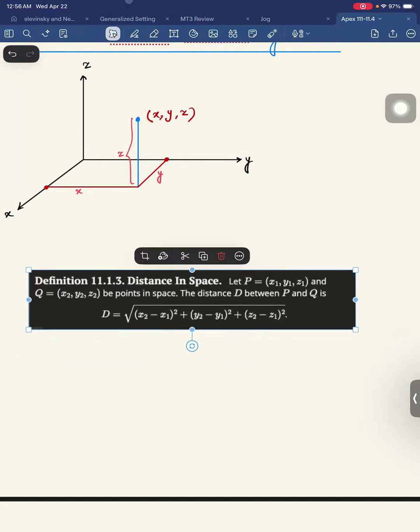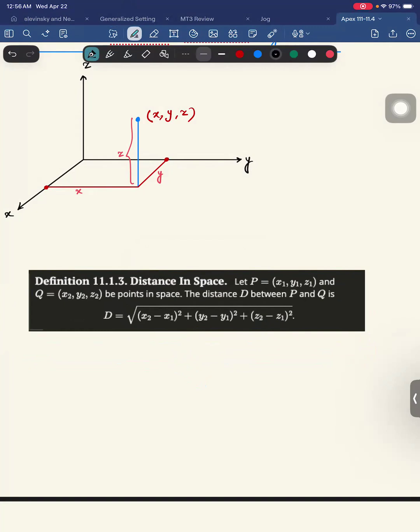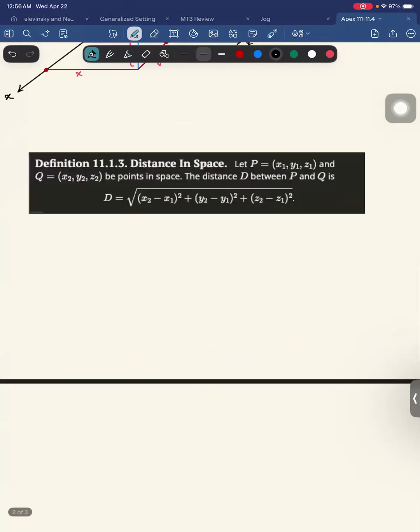In other words, if you have two points, this is x1, y1, z1.